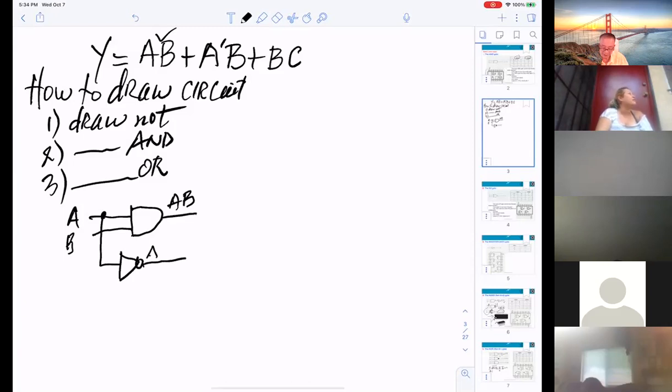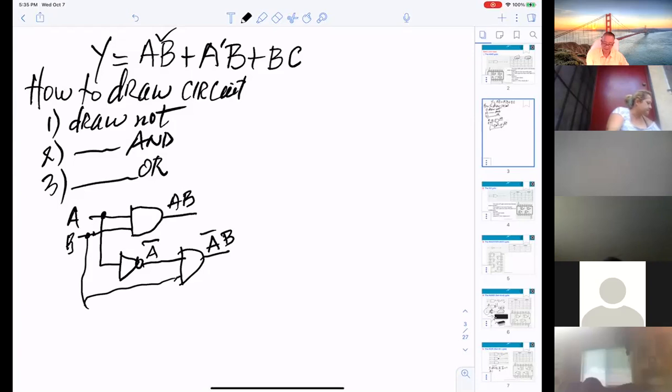That's not A. Now you AND with B. That one will be not A and B. You have to draw the NOT and AND first.